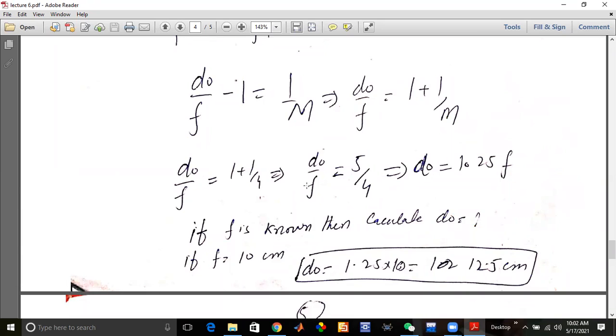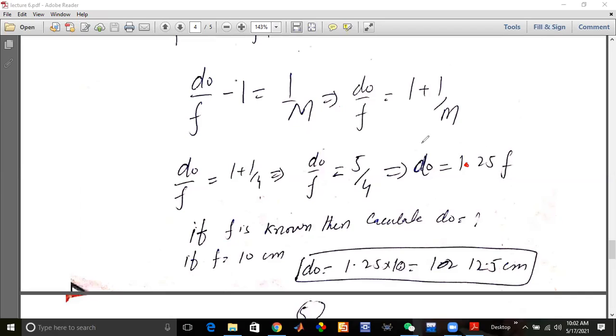It means d naught divided by f is equal to 5 by 4, which means d naught is equal to 1.25 f.